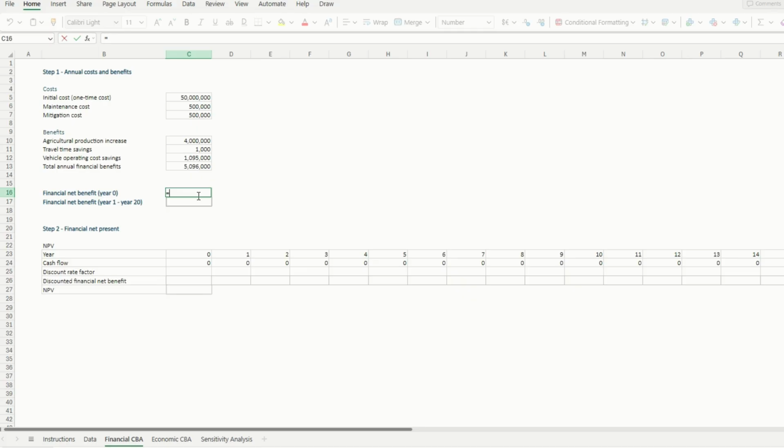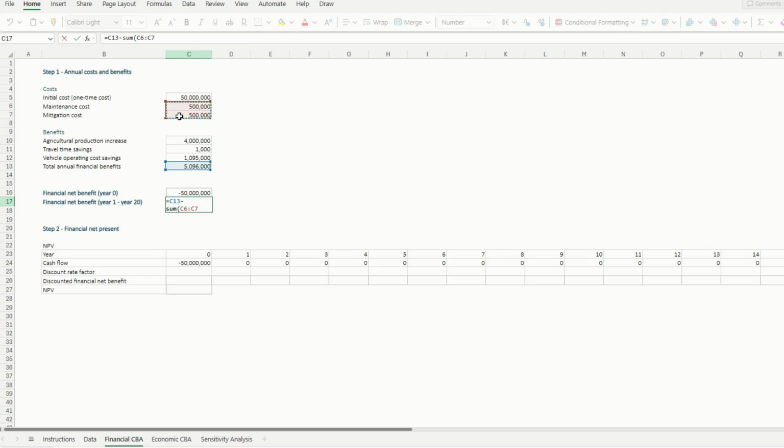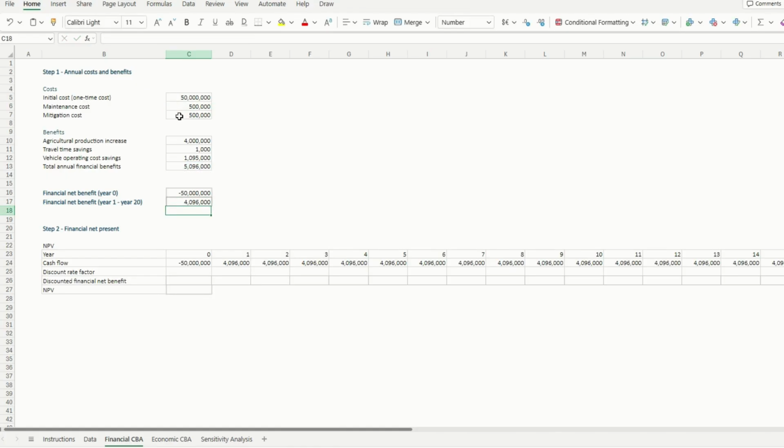So you can even put zero minus the initial cost. From years 1 to 20, it's the benefits minus the annual maintenance and mitigation costs. So we have these annual financial benefits minus these two annual costs. Note that we have the cash flow already.